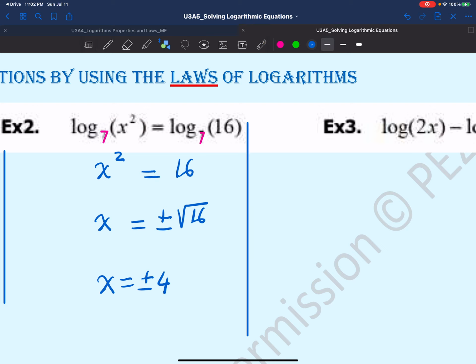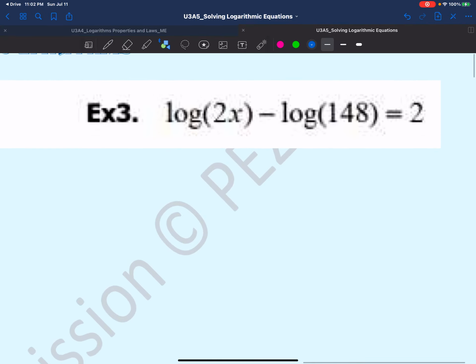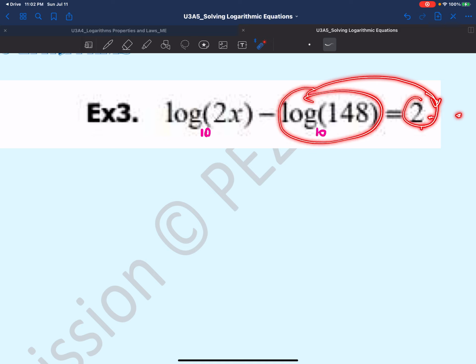Next example, we have log 2x minus log 148 equals 2. In this case, we don't see the base, but we know that when we don't see it, the base is 10. Now, I am thinking of keeping the log 2x on the left side of the equation. If I brought the constant term to the other side, it would be a little bit difficult to combine the two terms because one is in log form and the other isn't.